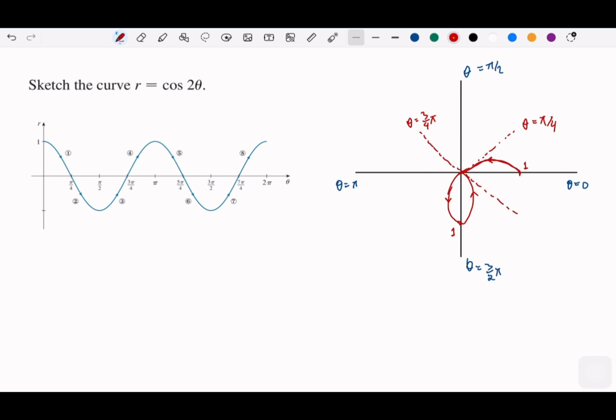So we move again here. Let me write here, this is 1. Until pi is 1, and then back to 0 again at 5 pi over 4. 5 pi over 4 is around this quadrant, right? So it's going to be this 0.